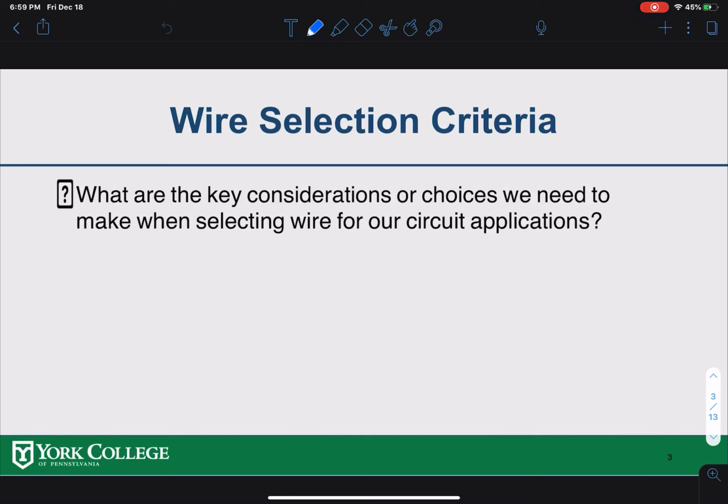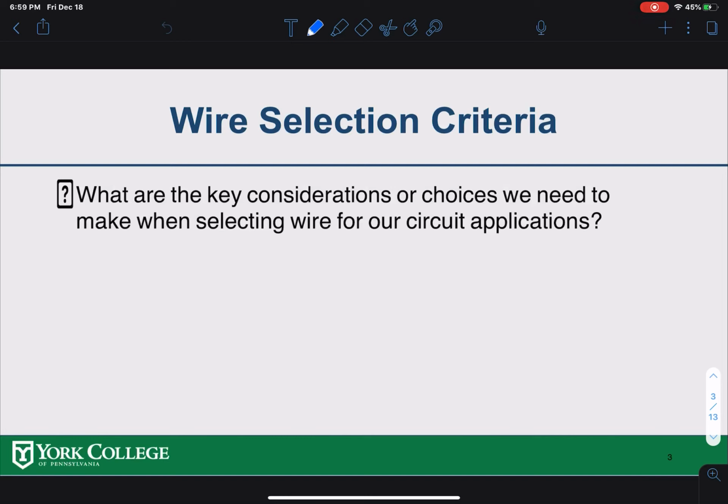Is it a conduit or free space? And so on. So that also needs to be known before you select a wire. Then also, what kind of wire are you using? You're using solid or stranded. So these are the things you have to consider before you select your wire for your applications.